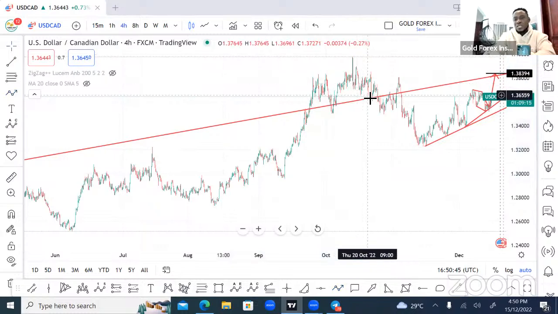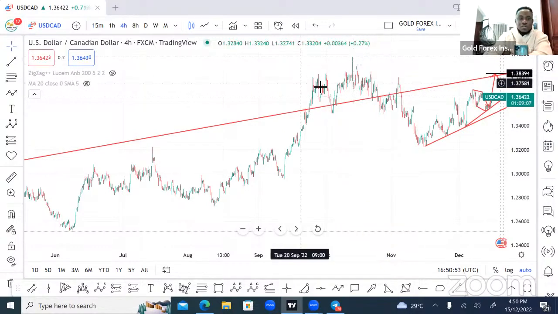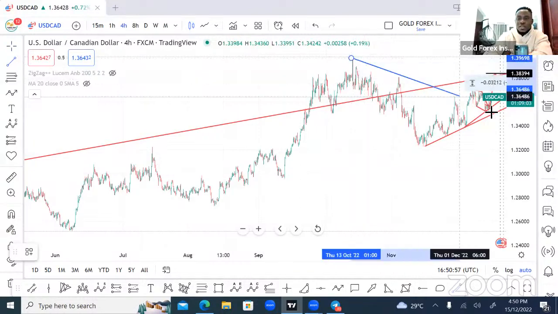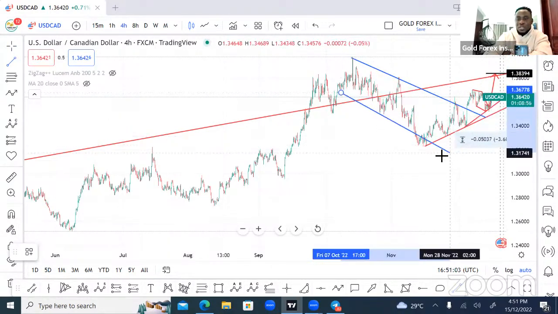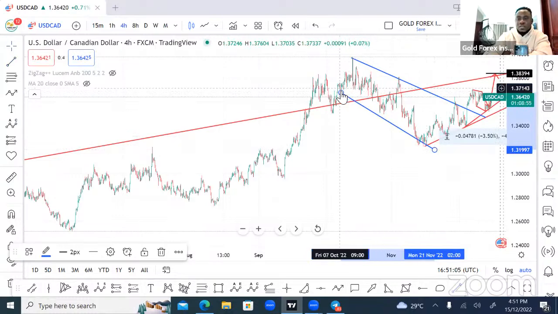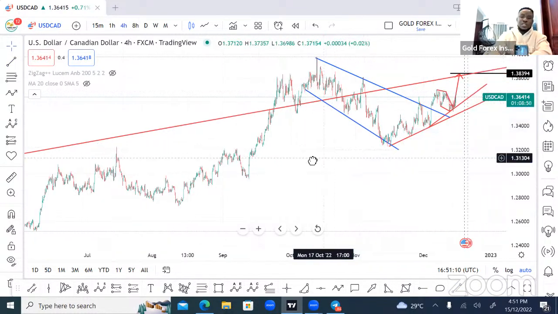So it means that a valid correction should always break the previous impulsive leg. So we had an impulsive leg here, then we had a correction, an ABC, a zigzag correction actually. So this is a zigzag correction.